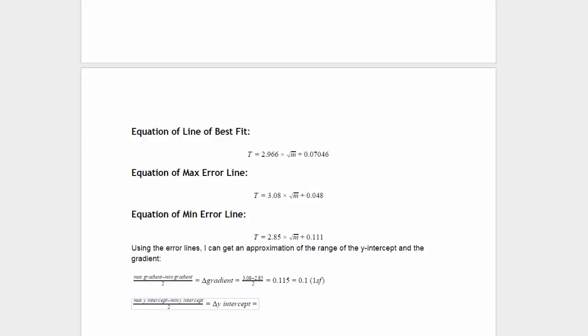So what is that? It is 0.111 minus 0.048 over 2 equals, well, what's that? It's going to be, what's 0.111?